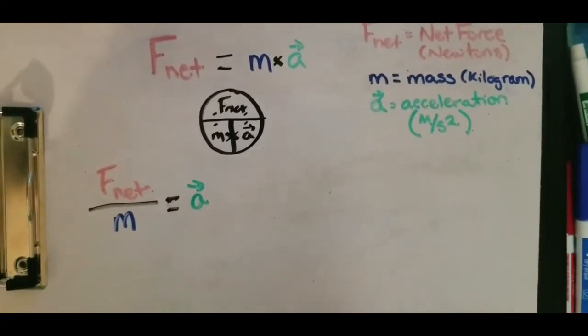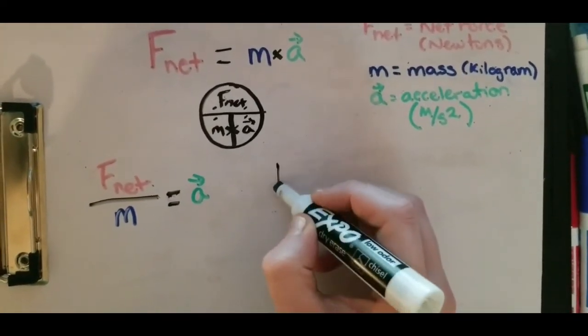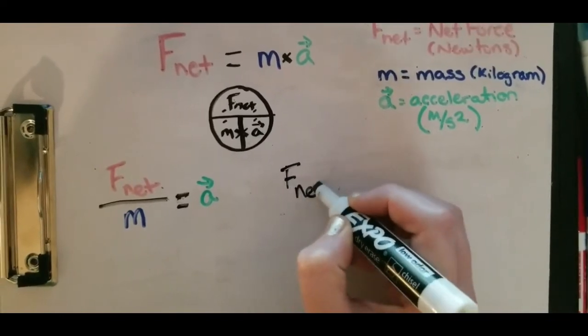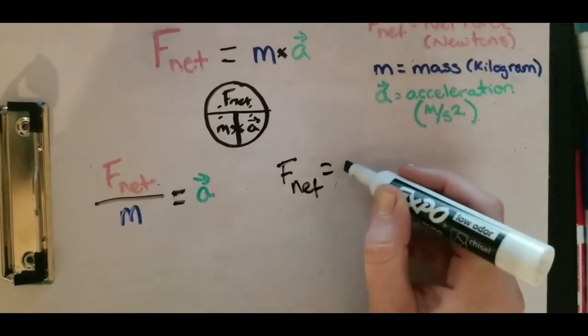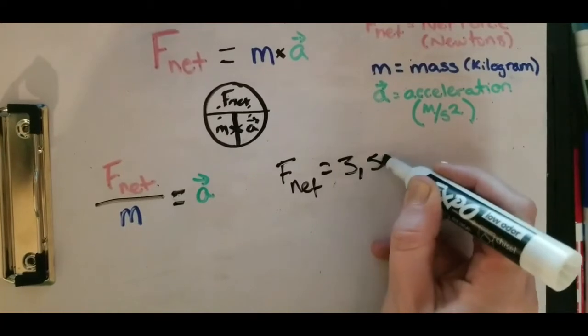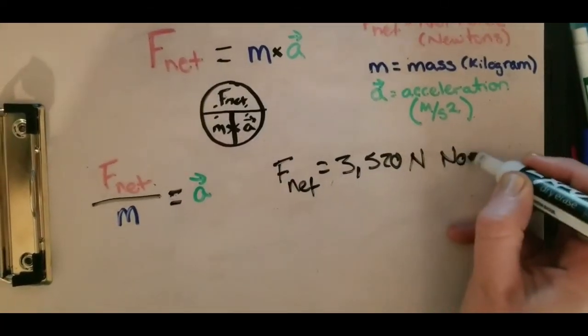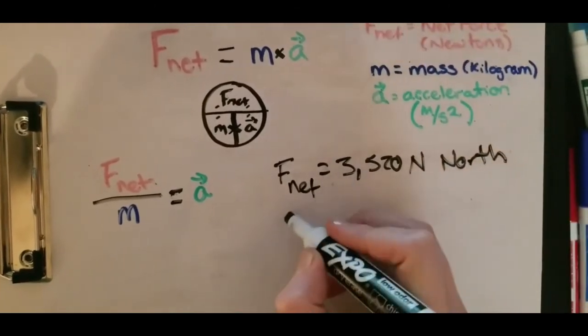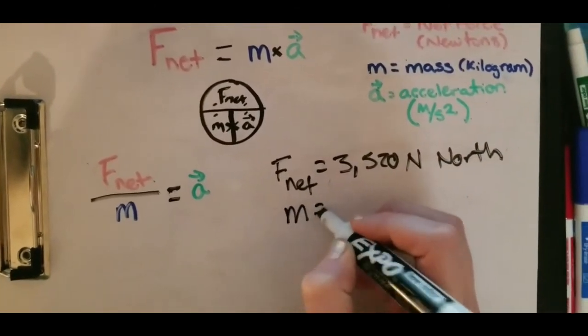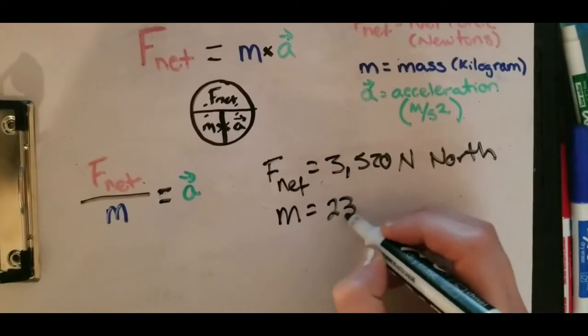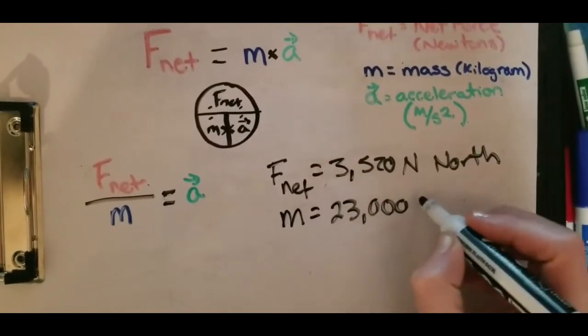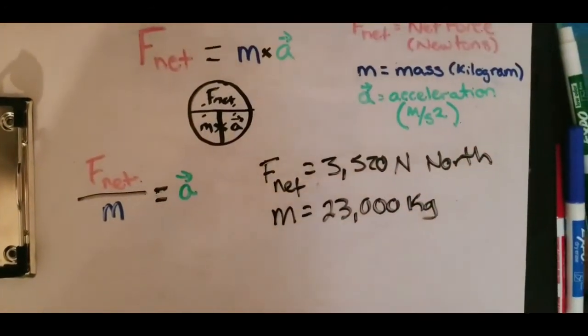My board is cleared for the problem, and looking at the word problem, we are given a net force that equals 3,520 newtons north, and we're given a mass that is 23,000 kilograms.